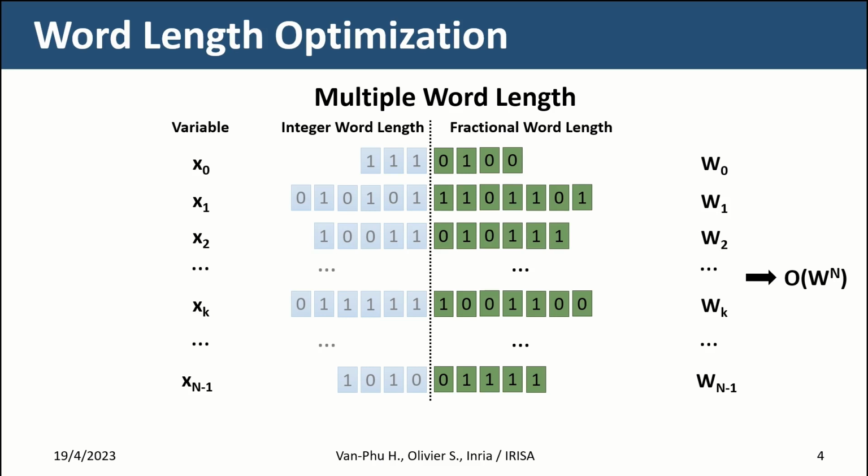Fractional word length optimization is an NP-hard problem because the complexity increases exponentially when increasing the number of variables. So from now on, I use the term word length optimization to mean fractional word length optimization in my talk.